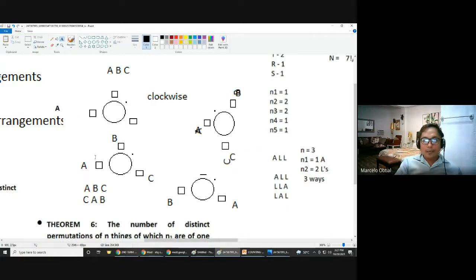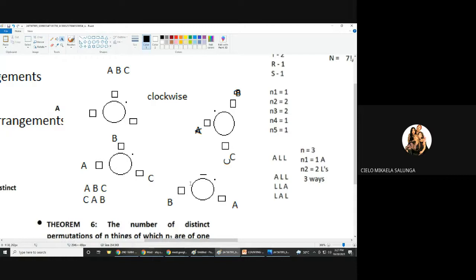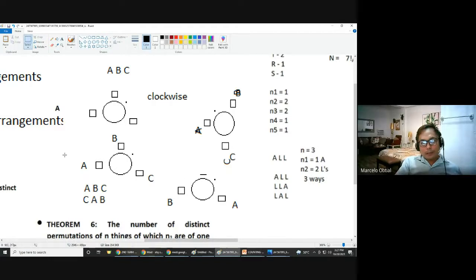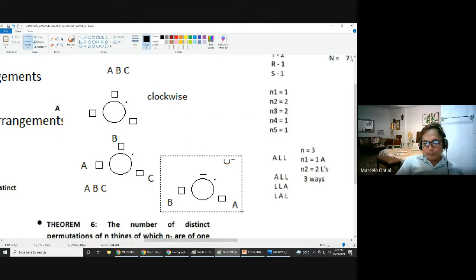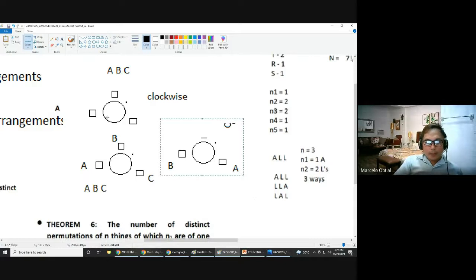So, pareho na sila, dalawa, Shelo, tama ba? Yes po, sir. Same na po. So, the same sila. So, ibig sabihin, hindi siya kasama ito. Okay? Hindi siya kasama. Okay, next. How about this one? Okay, let us rotate, no?